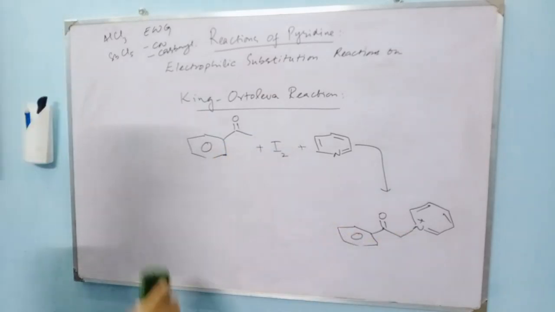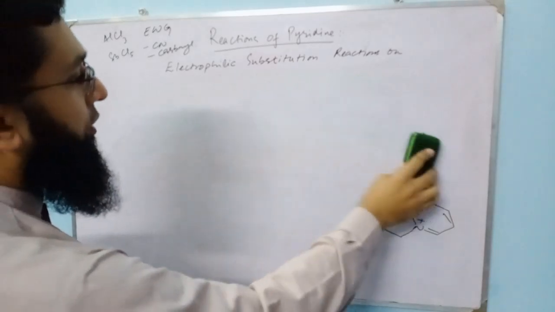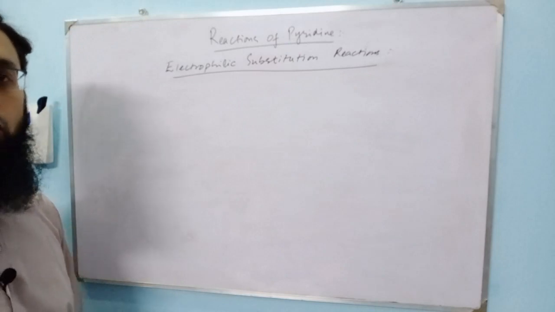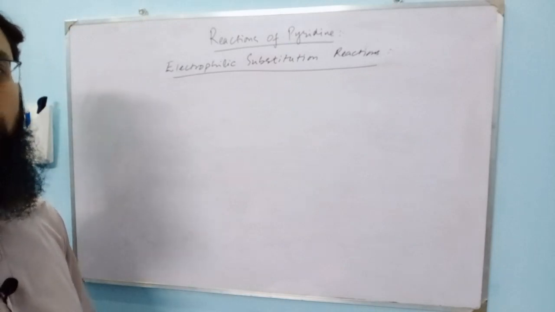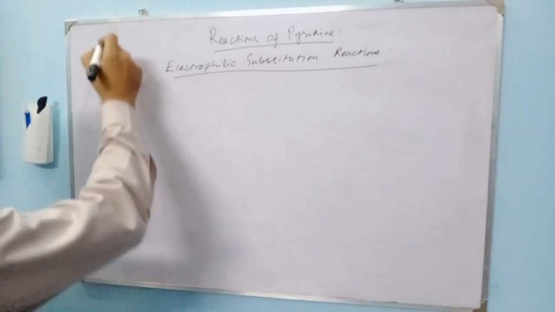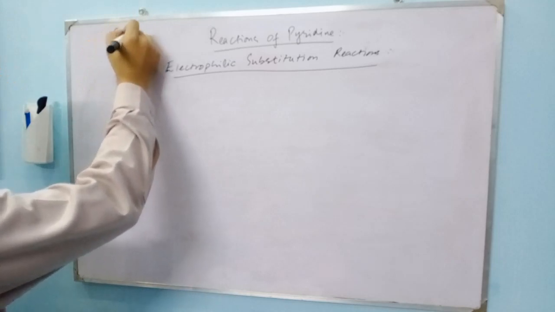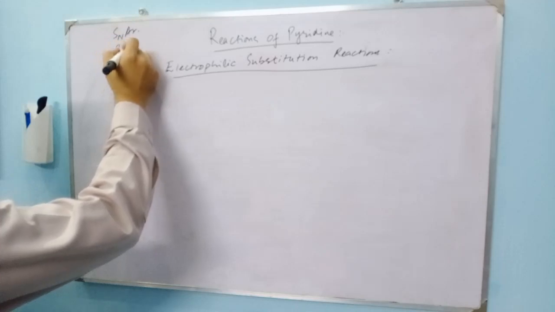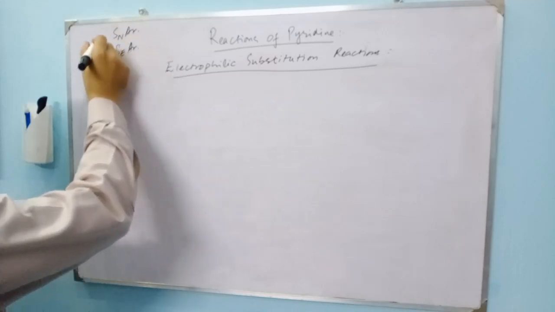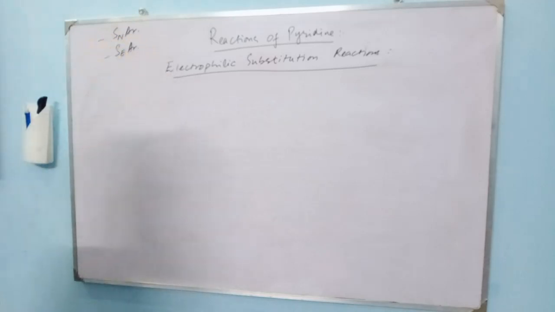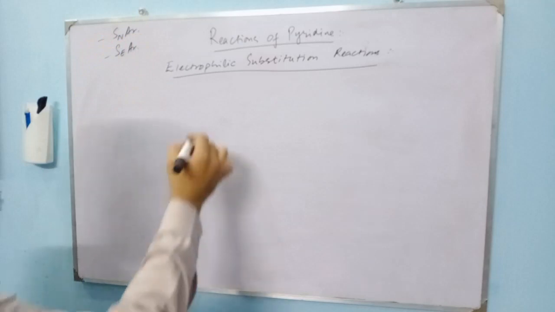Now we see further reactions of pyridine, electrophilic substitution reactions. In general, pyridine is more susceptible to SNAr reaction, nucleophilic aromatic substitution reaction, as compared to aromatic electrophilic substitution reactions. So first reaction is nitration.